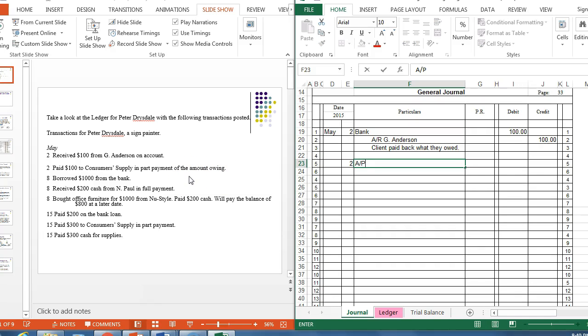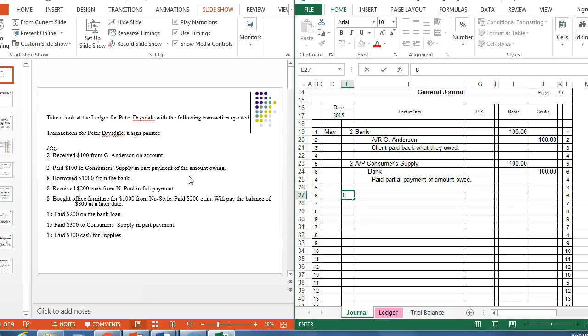So we're going to debit accounts payable, Consumers Supply, and we're going to record a debit of $100, and then we're going to reduce our bank, which is a credit, $100, and then we're going to explain paid partial payment of amount owed. Okay? And again, if you had the source document number, you would put that in.